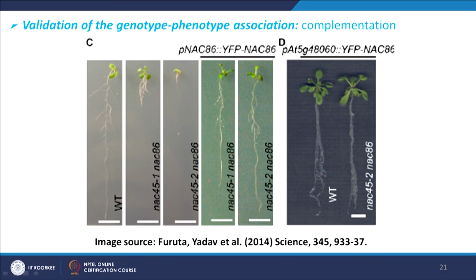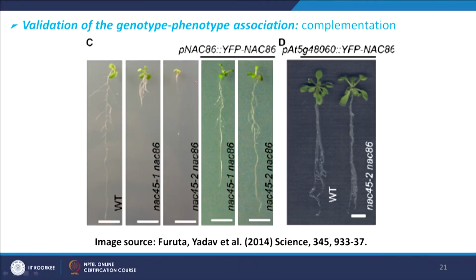But in this double mutant where both the genes are disrupted, if you put back one of these genes, so for example NAC45, NAC86, this is the double mutant, but when we are putting NAC86 in the NAT axis promoter fused with YFP, yellow fluorescent protein, you can see this can totally complement the phenotype. Similar case here also, you can see the mutants are getting complemented. Now these plants are looking very similar to the wild type.